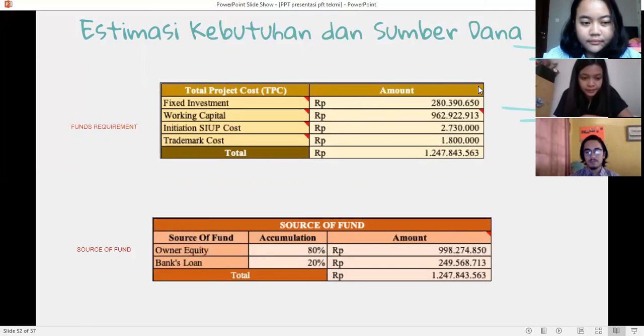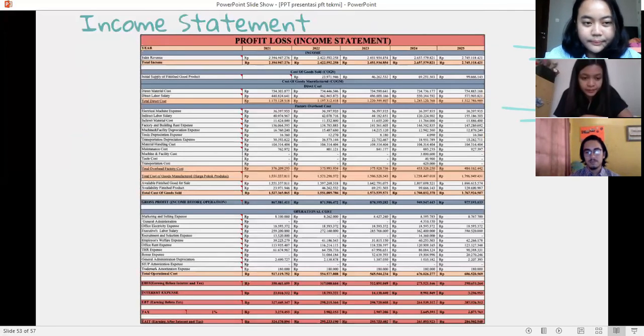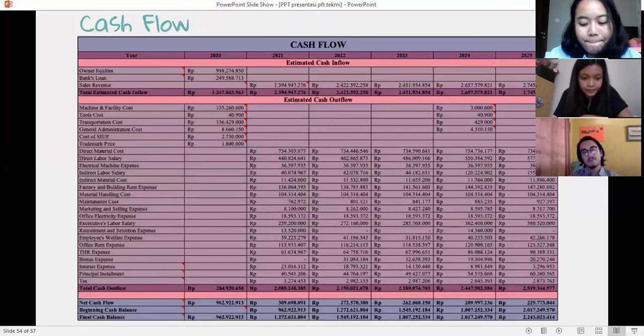Next. For the income statement, it explains the profit and loss in our company. Next. On cash flow, we want to make sure whether the cash is balanced or not. And it shows that our cash flow is balanced.